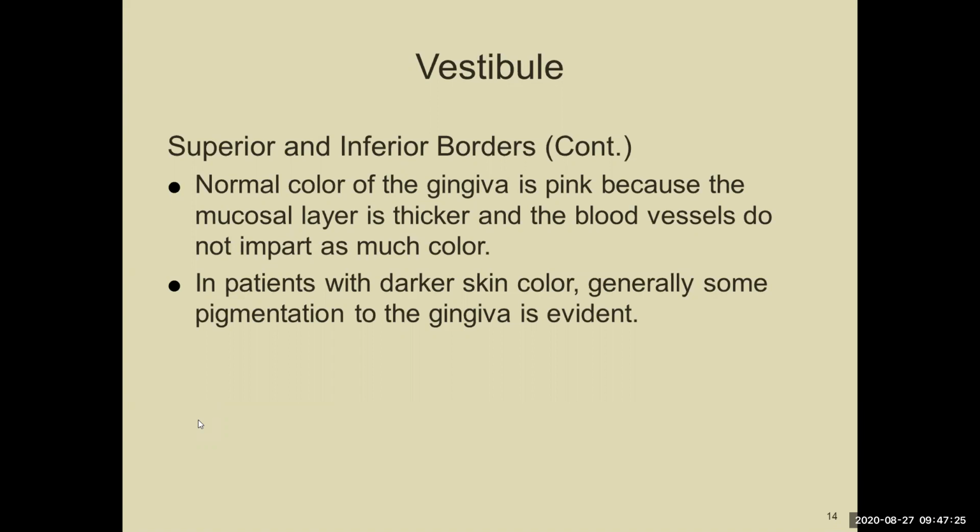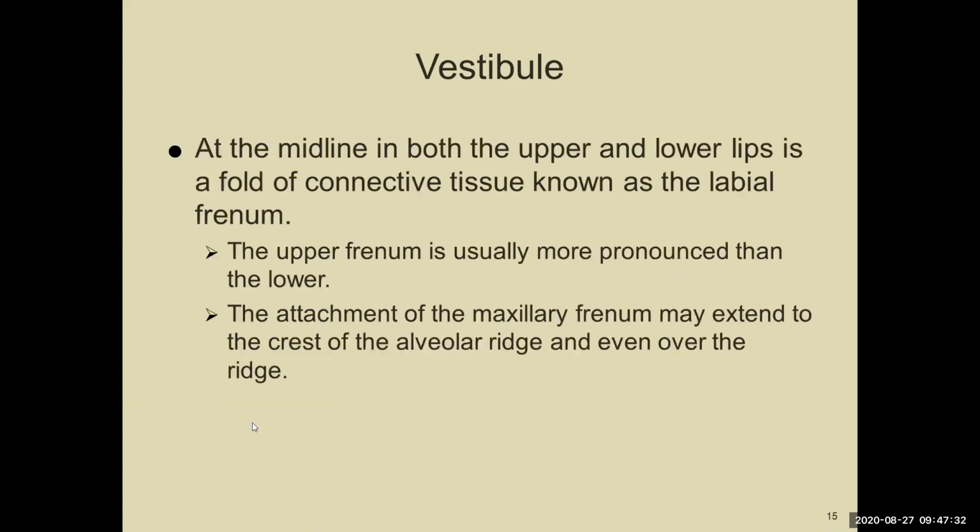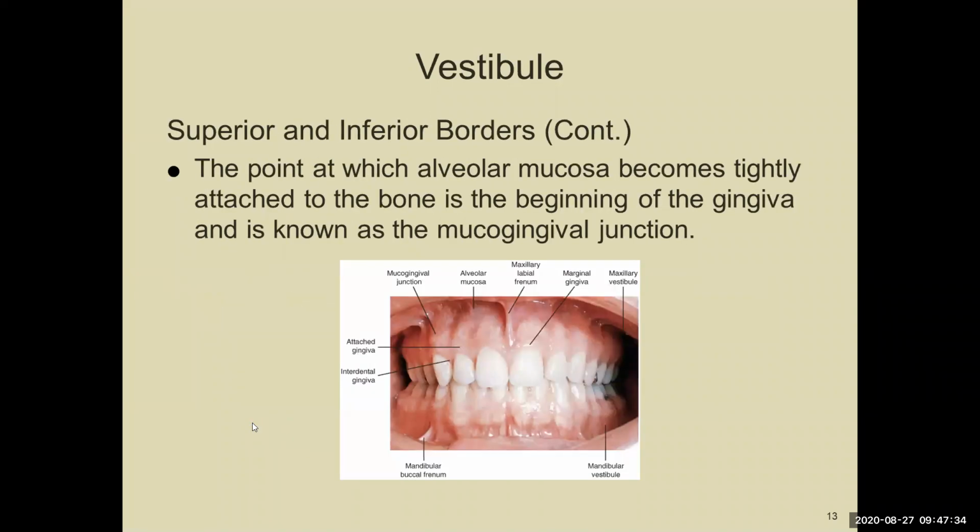But patients with darker skin color generally have some pigmentation to the gingiva that can be evident. So this is a light-skinned person. You can see that the mucosa is just a little bit redder pink than the lighter pink of the attached gingiva.